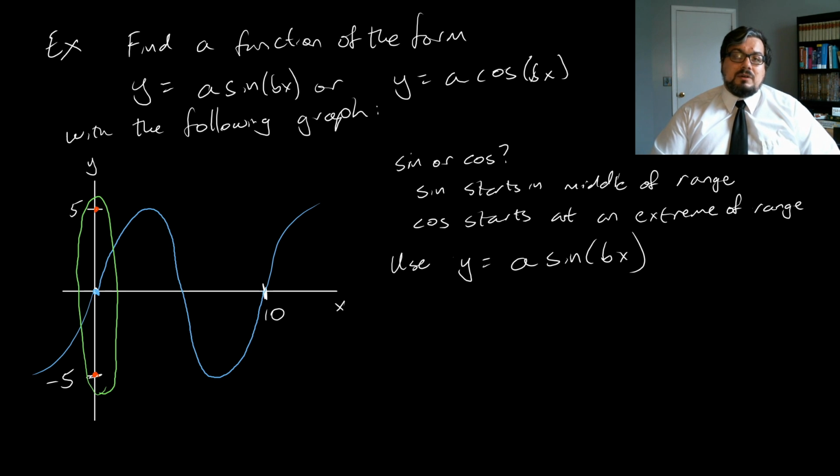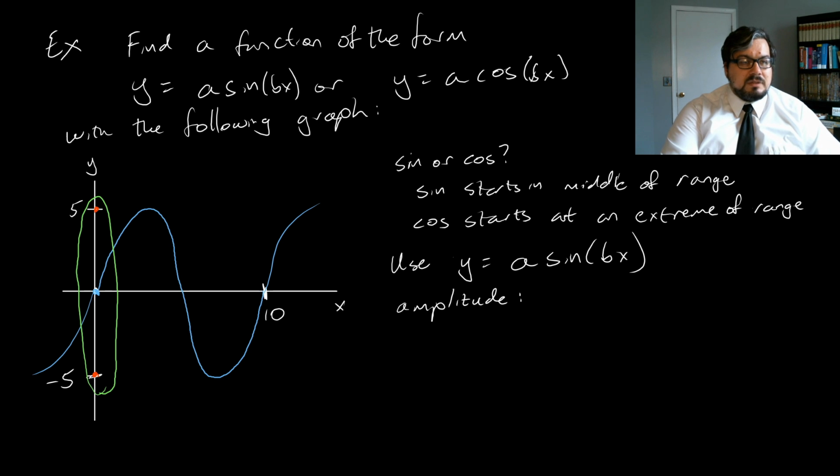Well, for that, we're going to use the fact that we can measure the amplitude and the period by looking at the graph. So the next thing we want to do is look at the amplitude of this function. And as I mentioned before, there are two ways we can look at it. We can either measure from the peak or valley of the function to the middle line, the line it's oscillating around.